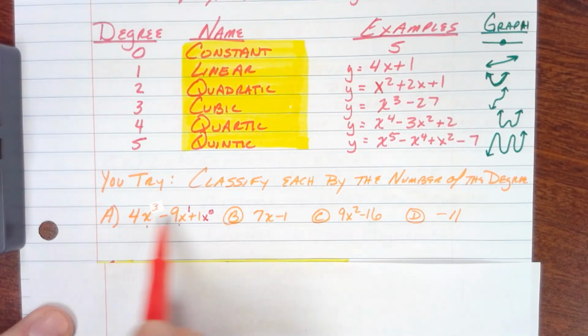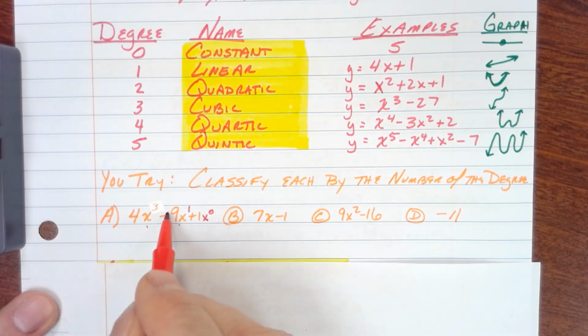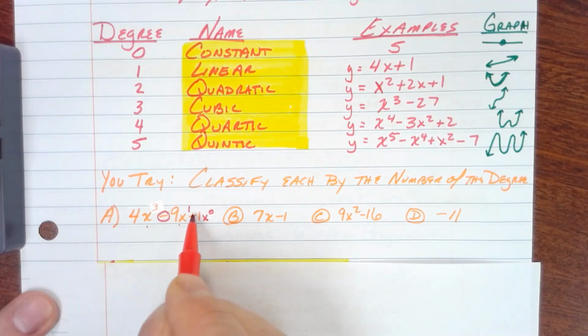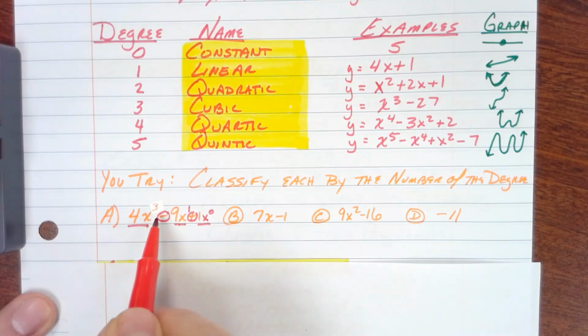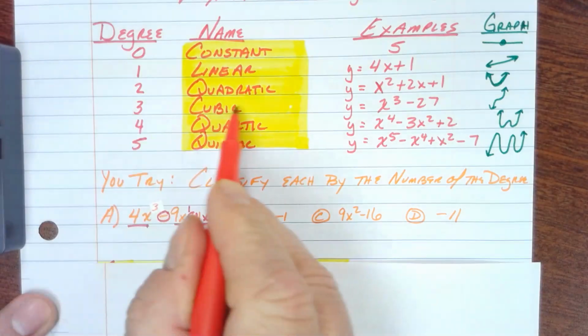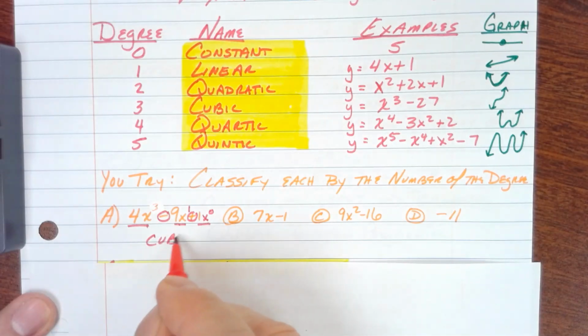The highest degree here is 3 amongst the 3 terms. These terms are separated by addition and subtraction signs, so I have 3 places to look. 3 is the highest degree of any one of these terms, so it's the degree of the polynomial, and therefore it is identified as cubic.